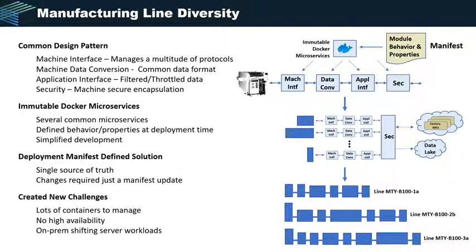This allowed us to handle a lot of lines without very large, clunky software. It gave us something very flexible and very easy to change just by changing the manifest.